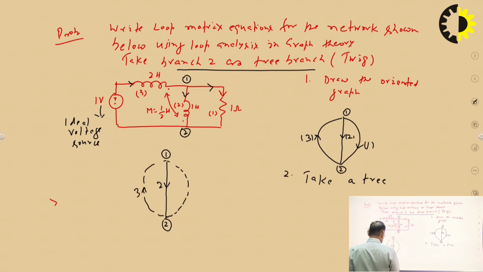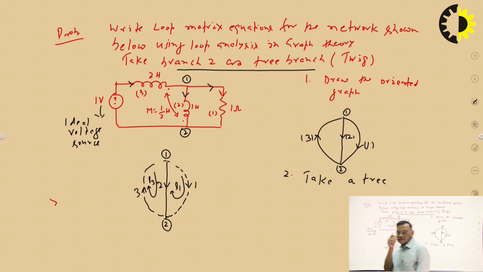This is a link, between 1 and 3. Links decide how many fundamental loops there are. So there are 2 links, so there are 2 fundamental loops. A fundamental loop contains one link and a unique set of branches. So this is L1, and this is L3.